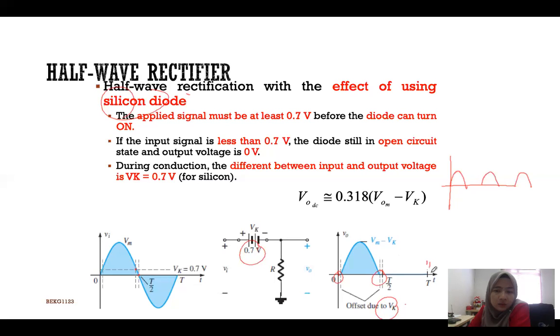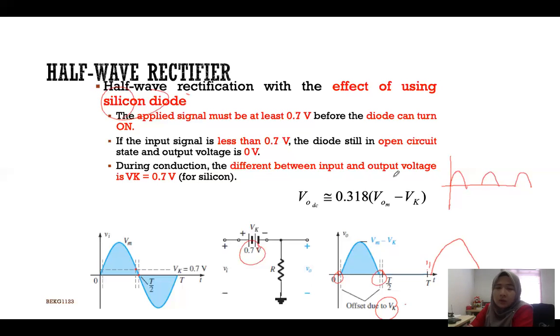So you have an offset. If there's no effect of silicon diode, then there will be no offset. And the VDC will become 0.318 Vm minus Vk.